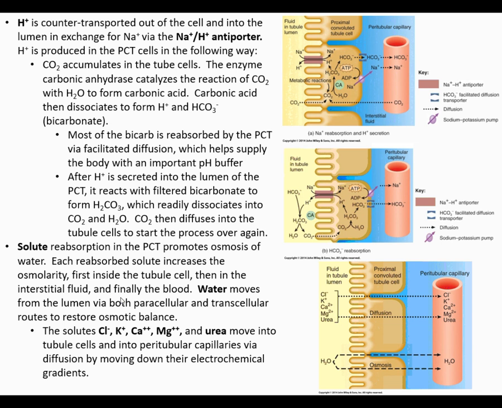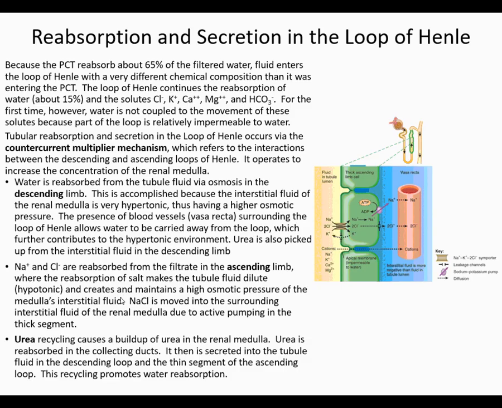So that's the first segment of our tubule. Let's now talk about the loop of Henle, the second segment. Reading through, because the proximal convoluted tubule reabsorbs about 65% of the filtered water, fluid that enters the loop of Henle will have, I should not say will have, a very different chemical composition than it was entering the proximal convoluted tubule.